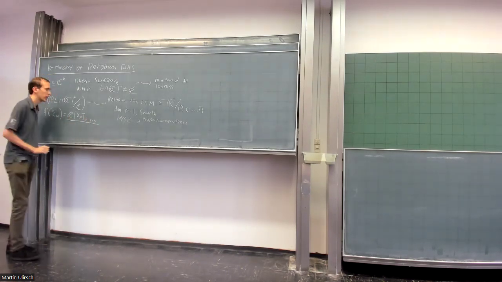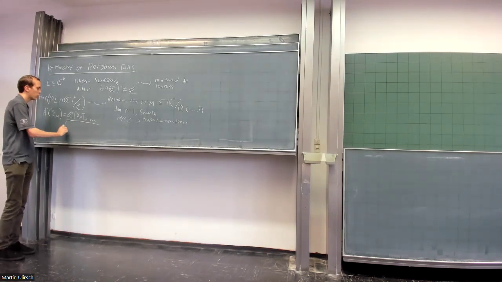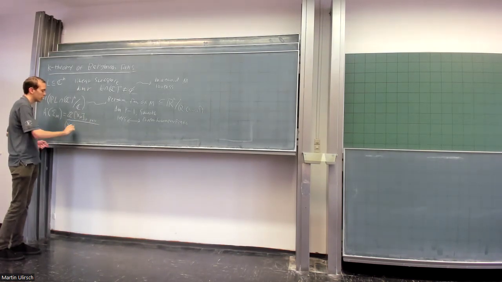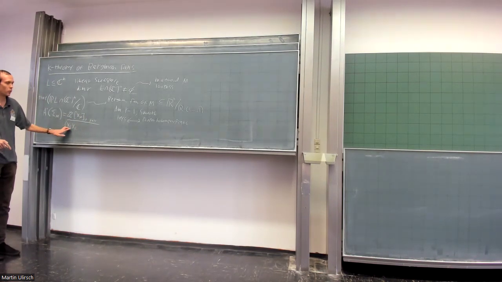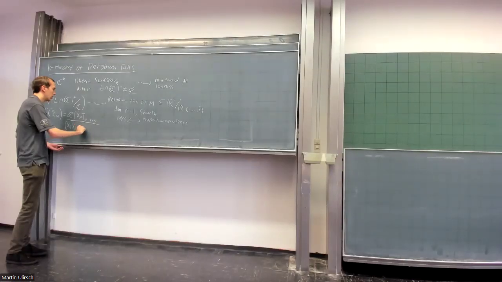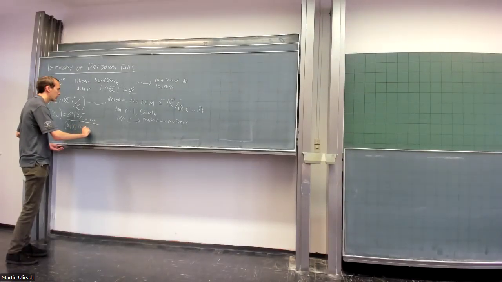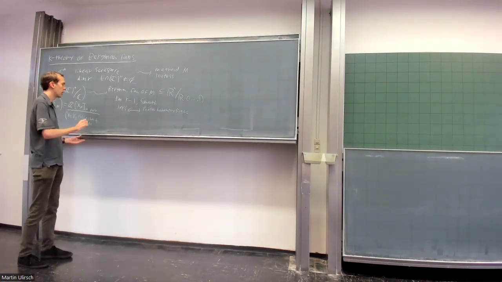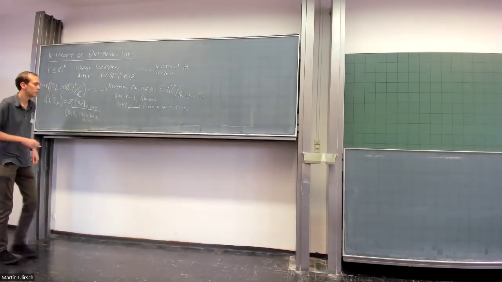And then there are two types of relations. It's not super important exactly what they look like, but the general shape is that you have some monomial relations, which happen to be quadratic. So you have x_rho1 times x_rho2 is 0 if the convex hull of rho1, rho2 is not a cone of your fan. So there are these monomial relations. And then there are also linear relations. You have a linear relation for each pair i, j in n.